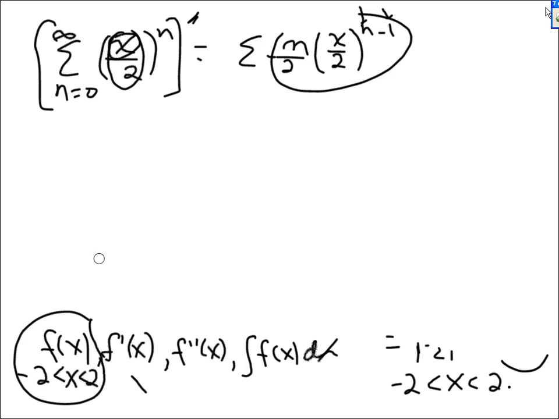Let us plug in 2 for x. So we get n over 2 times 2 over 2, which is 1, to the n minus 1. But 2 over 2 is 1. This is just 1. And 1 to any power is 1. So we have n over 2 times this, which is 1.